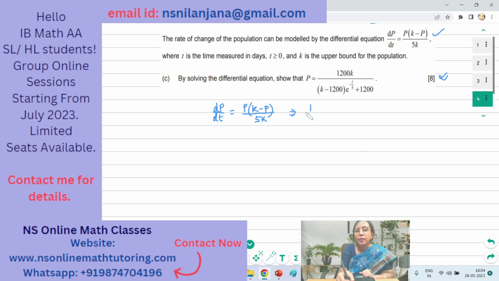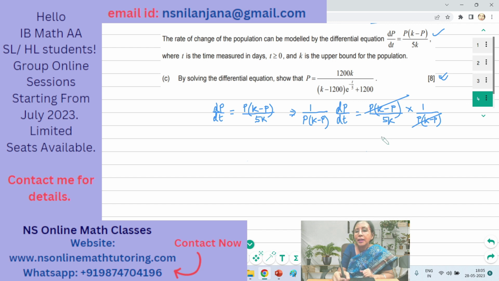So we have, dividing by P times (K minus P) is multiplying by 1 over P times (K minus P). So it is 1 over P times (K minus P) dP/dt equal to P times (K minus P) over 5K times 1 over P times (K minus P).